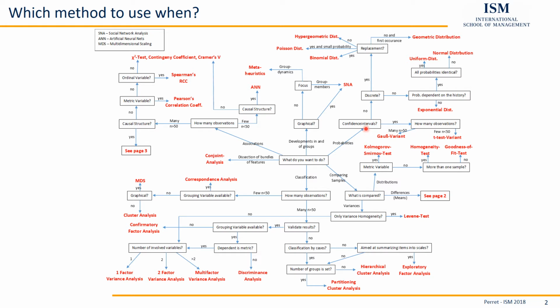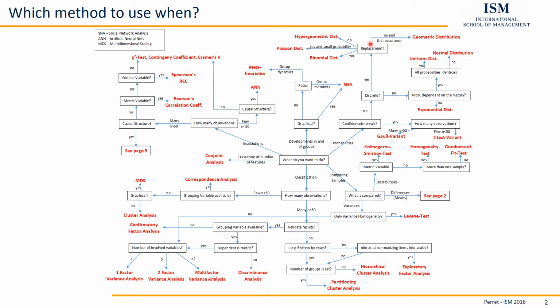But what if you're not interested so much in confidence intervals, but in the pure probabilities of something happening? Well, then the question would be, are we using discrete variables or non-discrete, so continuous variables? If you go with discrete variables, the question would be, is there replacement taking place or not? Well, we could do the typical things.